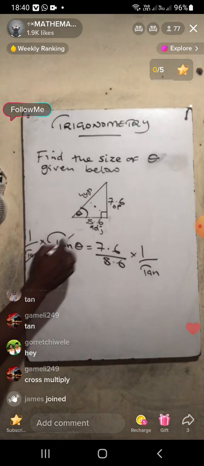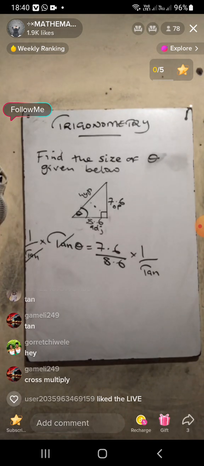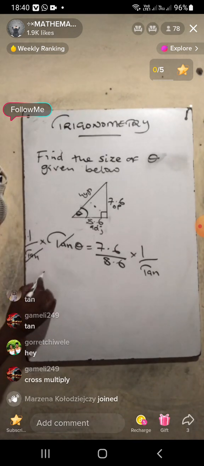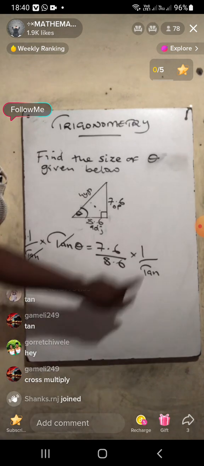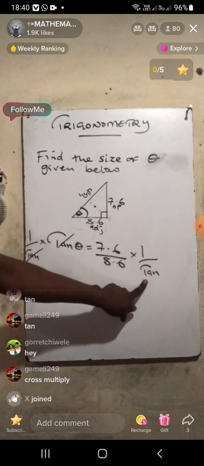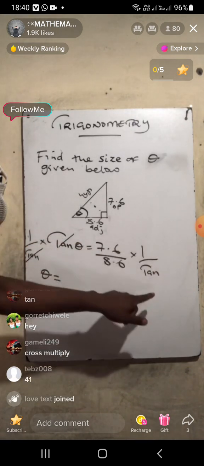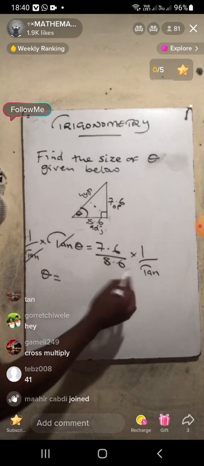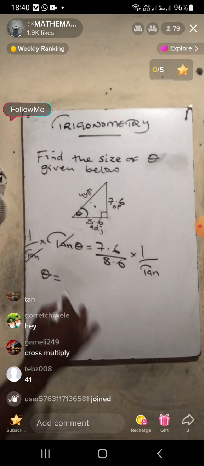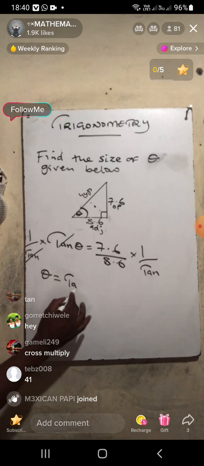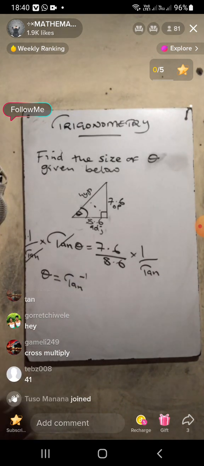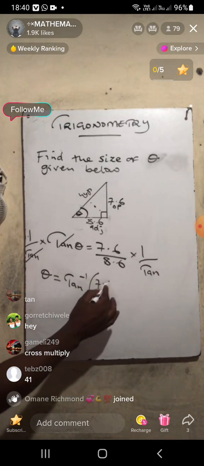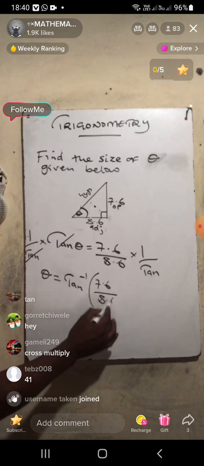So this tan there and that tan goes. Then we have 1 times theta, we will remain with theta is equal to. So 1 over tan, my good friends, it is the same thing. Because 1 over tan is an inverse, we can simply say tan inverse of 7.6 over 8.6.